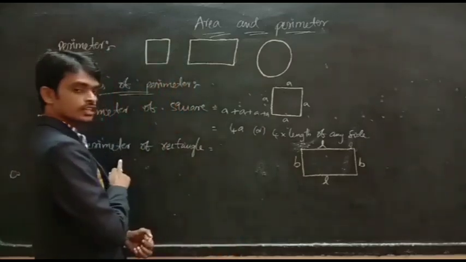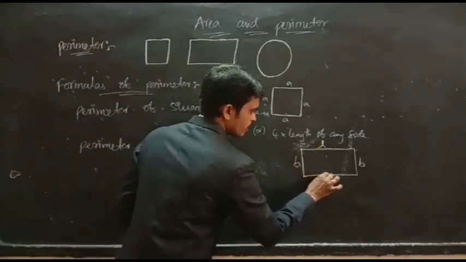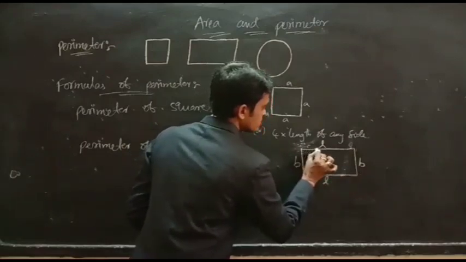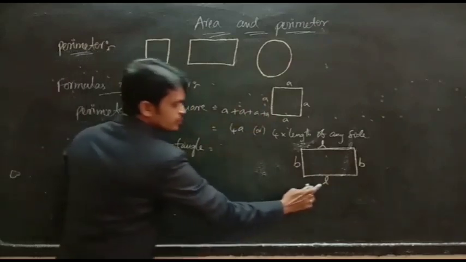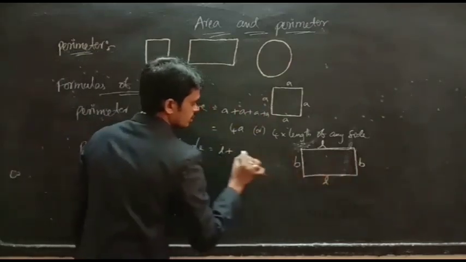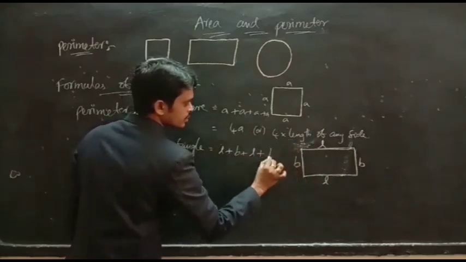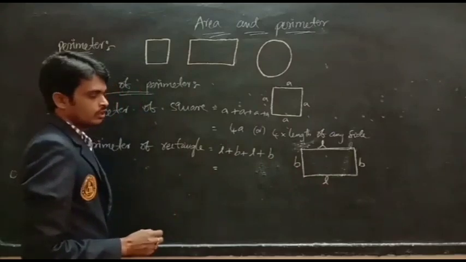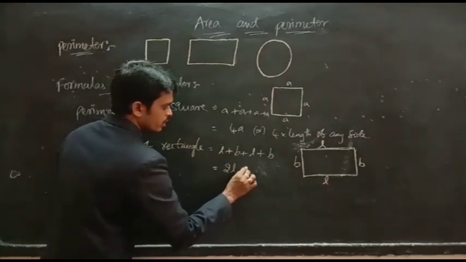So perimeter is nothing but the total length of the boundary of a closed figure. Then we should write L plus B plus L plus B. So L plus L, how much? 2L.